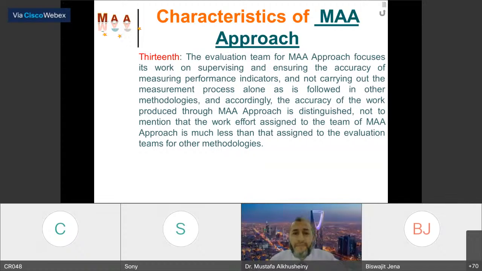Also, the evaluation team of my approach focuses its work on supervising and ensuring the accuracy of measuring performance indicators, and not carrying out the measurement process alone as is followed in the other methodologies.